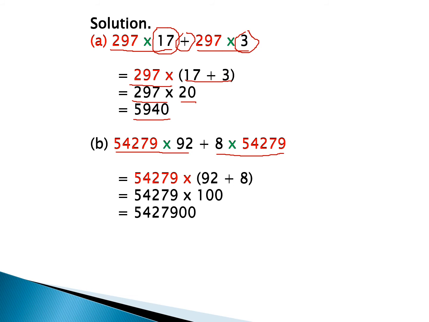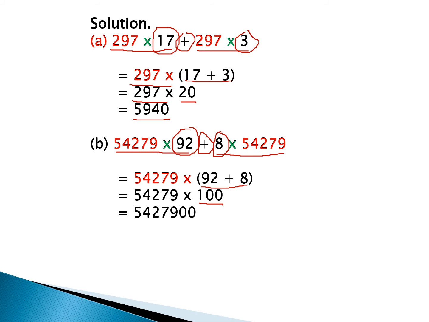These two things are written outside the bracket, and what is left behind after taking out that common term? 92, addition sign and 8. Now these three terms have to be written inside the bracket, and after adding 92 and 8 together we will get 100.